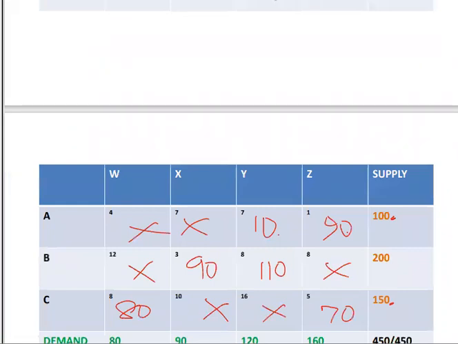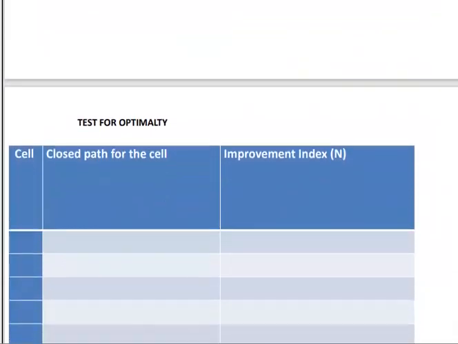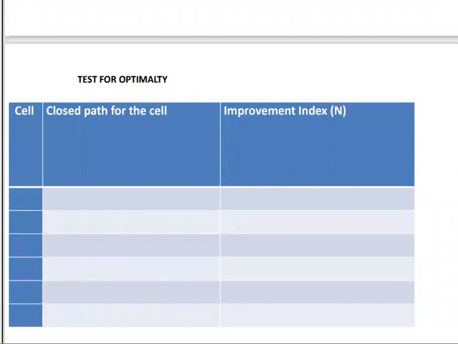We have AW, AX. What else? BW, BX, CX, CY.